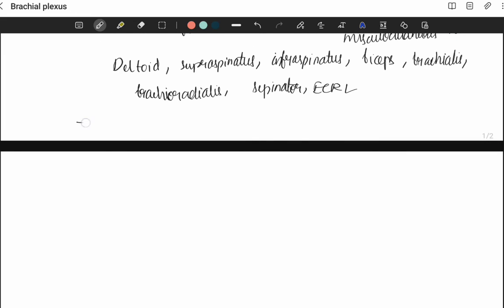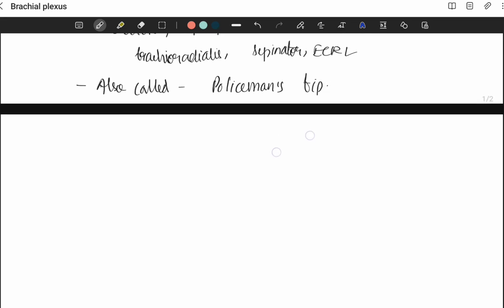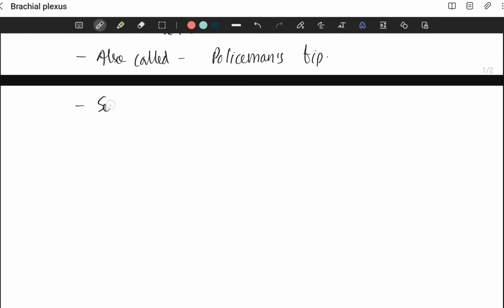And it is also called policeman's tip. Then sensory loss, if those nerves are affected, they also have sensory supply, right? So those sensory parts are lost. It can be along the outer aspect of the arm.